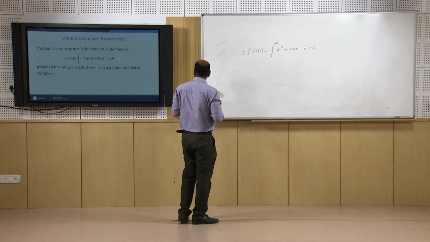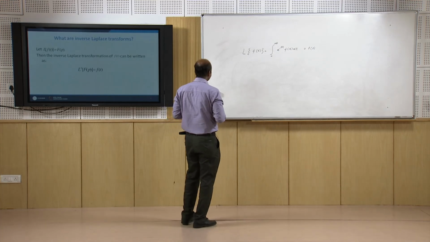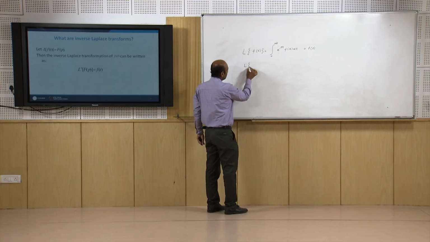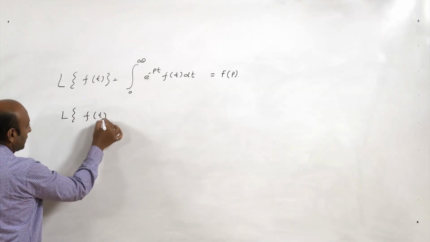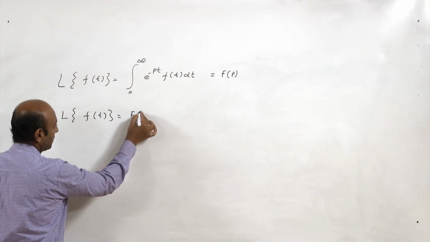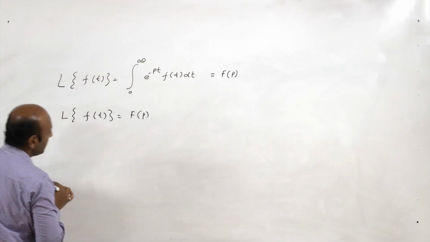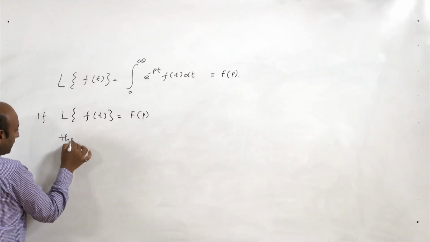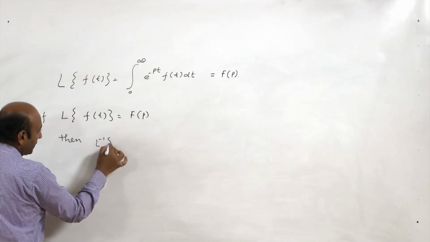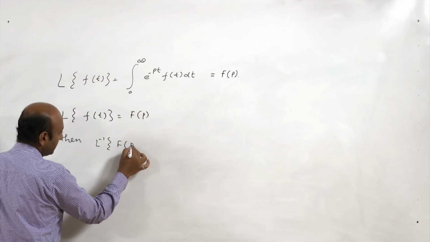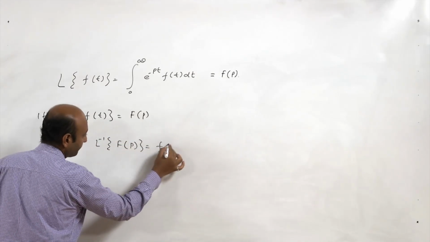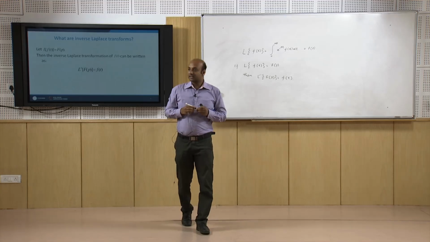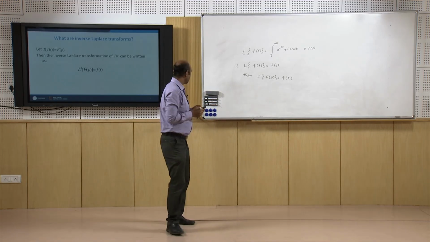Now, next is inverse Laplace transform. If the Laplace transform of f(t) is F(p), which is a function of p, then the Laplace inverse of F(p) is nothing but f(t).